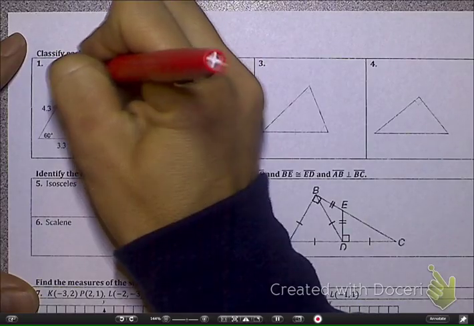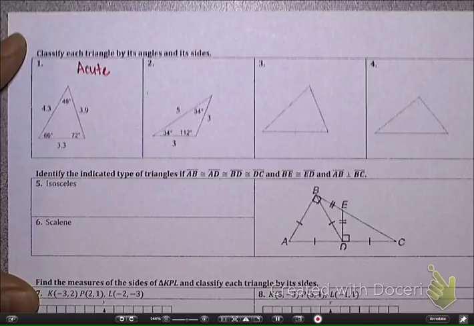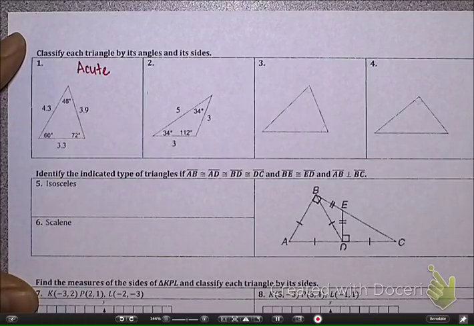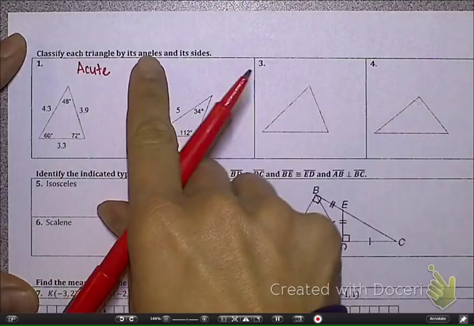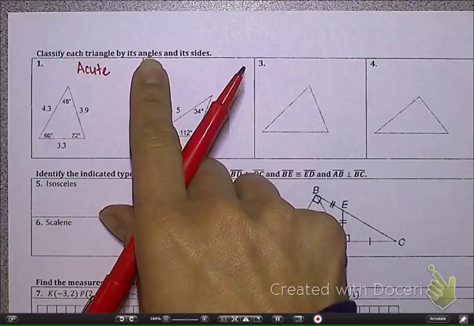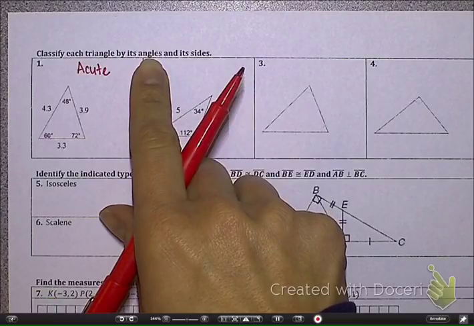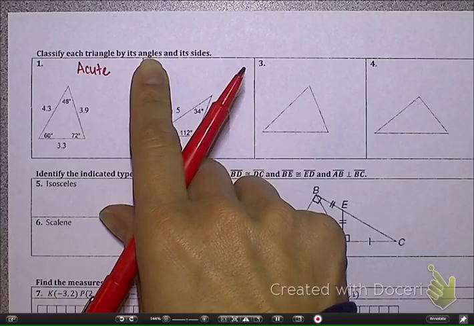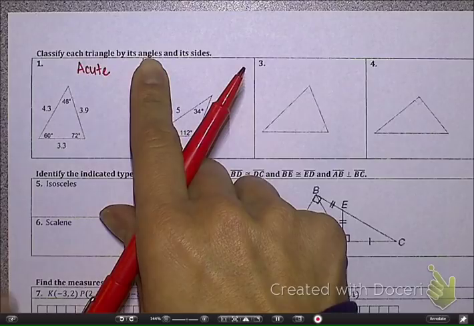You guys were all shouting out scalene, but scalene isn't classifying it by its angles. It says first classify it by its angles, which means it's either obtuse, right, acute, or in some cases it could be acute and also equiangular. Now, is this one equiangular?